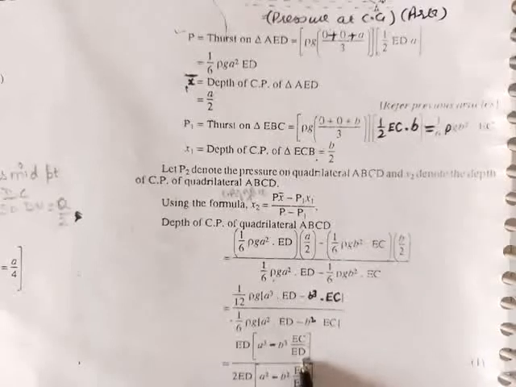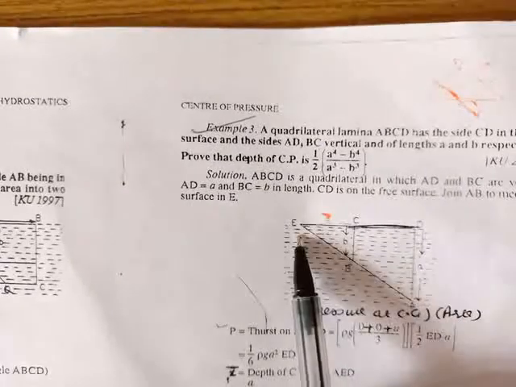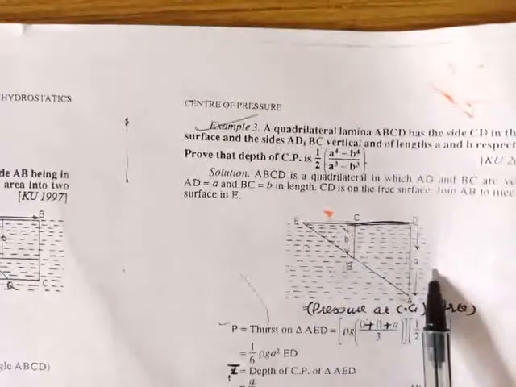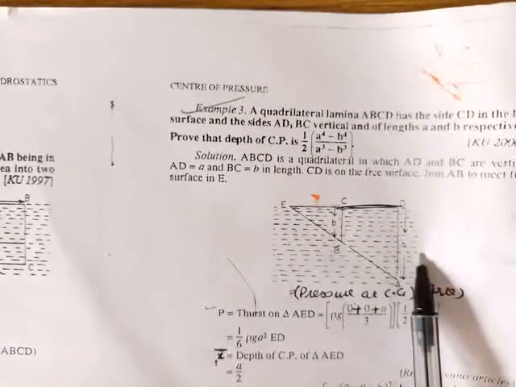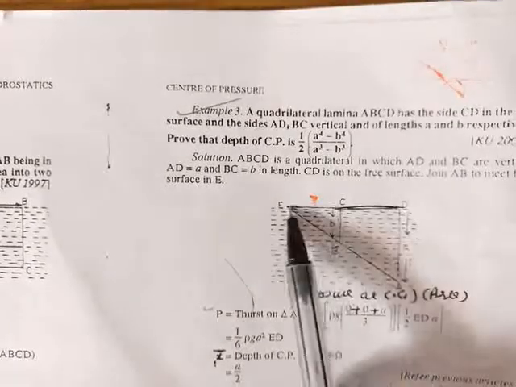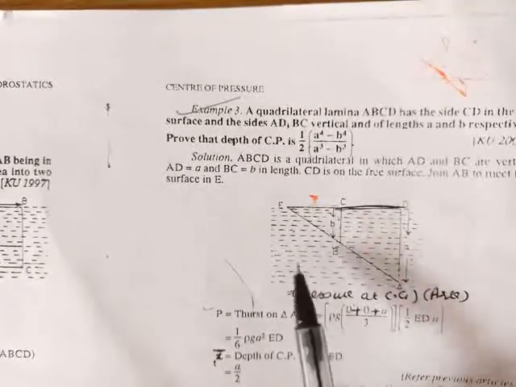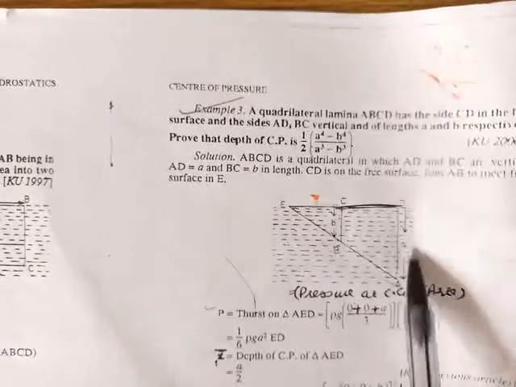Now to find its value, we can use the similarity of the triangles. The triangle BCE and the triangle AED are similar triangles. So the ratio of their corresponding sides will be the same. If we take the side EC of this triangle, then EC upon ED is equal to the side BC upon AD.